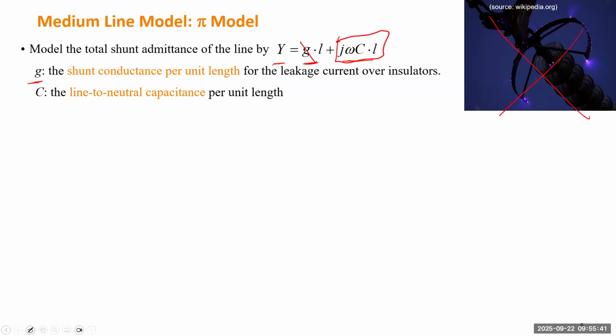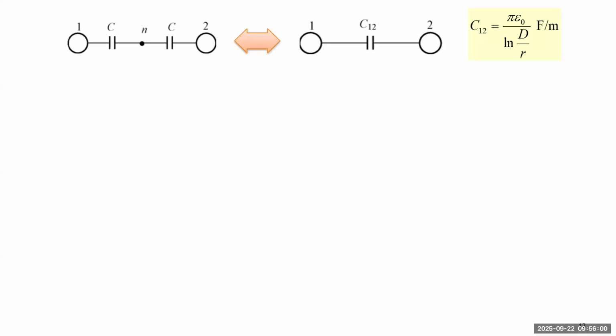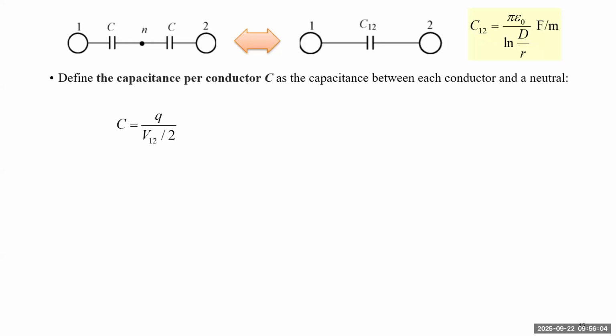Yeah, you can easily make a mistake. Let me find that case for you. So if you calculate the capacitance between the two conductors, the capacitance of each conductor to neutral will be double the capacitance between the two conductors.